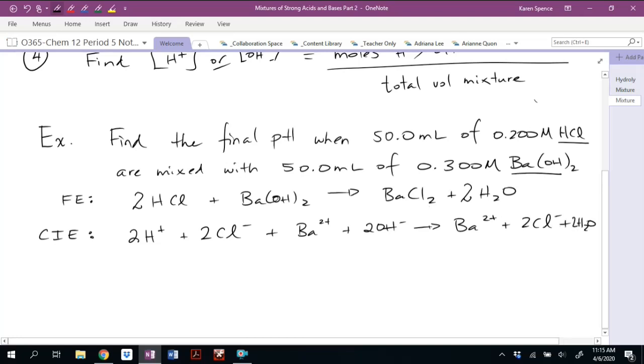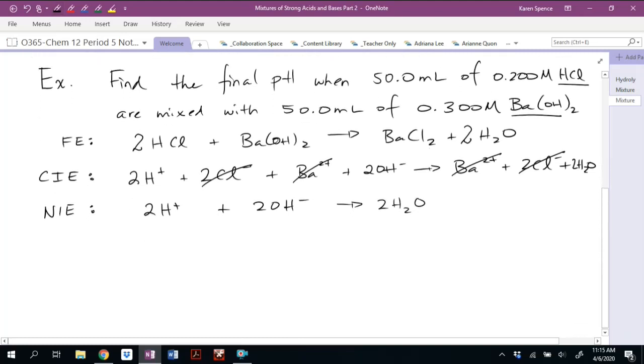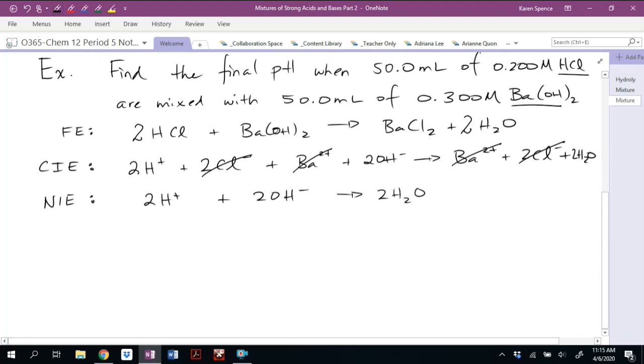We'll cram that in at the end there. Spectator ions: barium is present on both sides and chloride is present on both sides. So we end up with our net ionic equation being 2H+ plus 2OH- gives 2H2O. But we can simplify that down because everything is divisible by 2, into simply H+ plus OH- gives H2O.